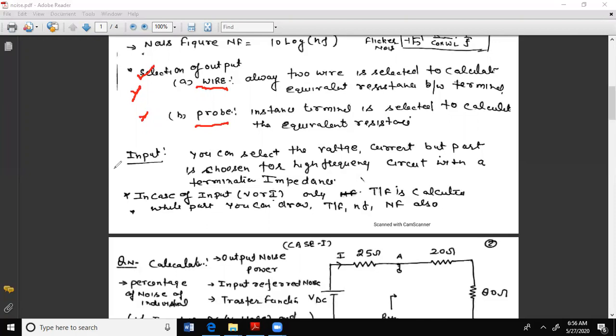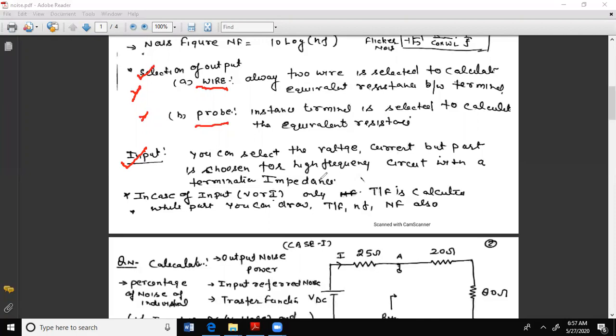When you select the input in Cadence Virtuoso, you can select the voltage or the current, which works simply as voltage and current. But whenever you select the port, it is represented by an equivalent impedance and the concept of reflection, because it shows what impedance is terminated at the input or output node.